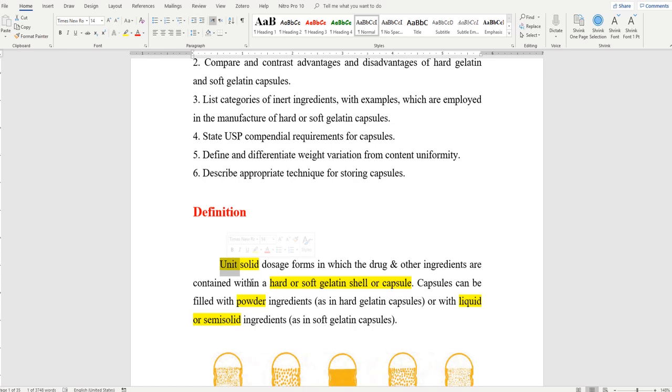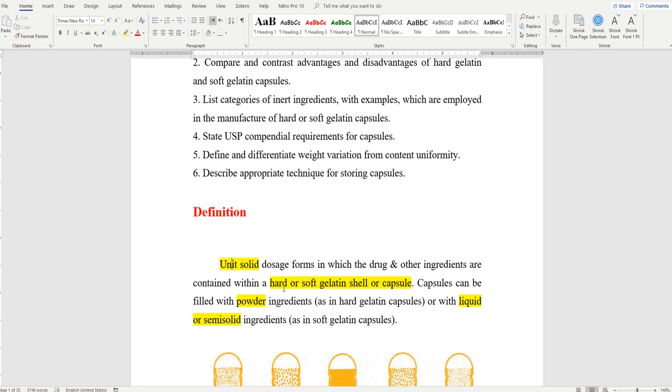So we are talking like tablets, for example. Can you say tablets are considered unit solid dosage forms? Yes, we can say the same with tablets because each tablet is considered as a unit and it contains one dose of the drug.